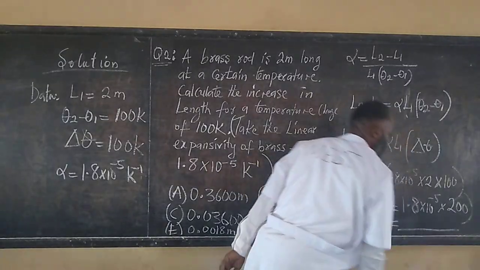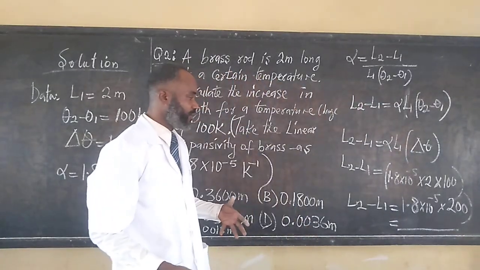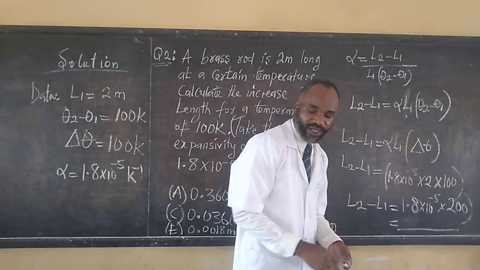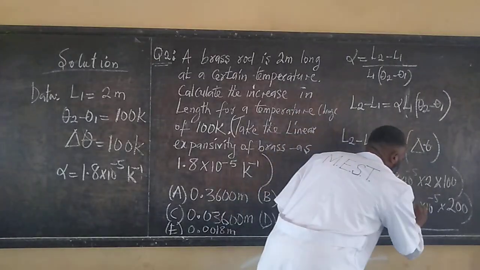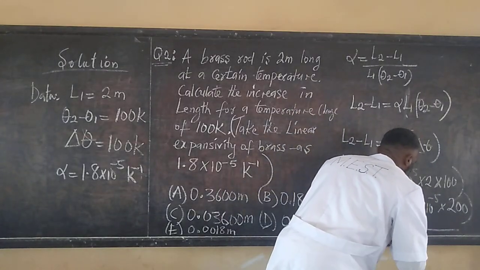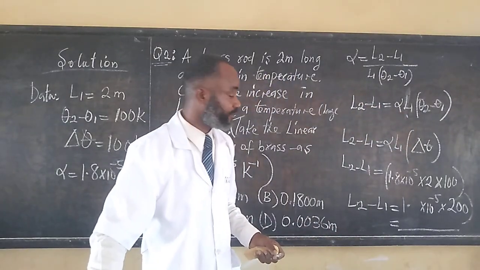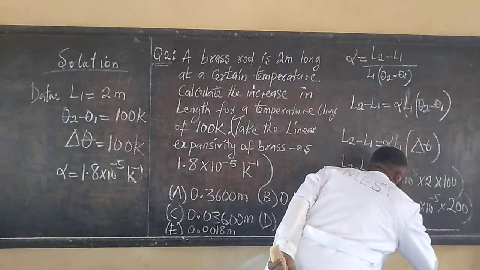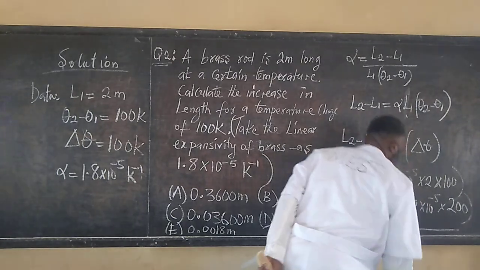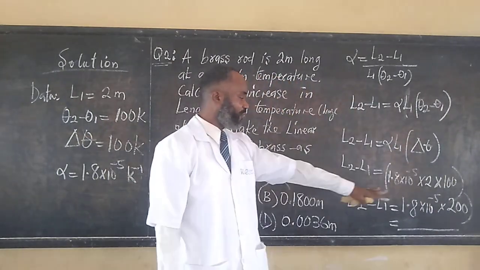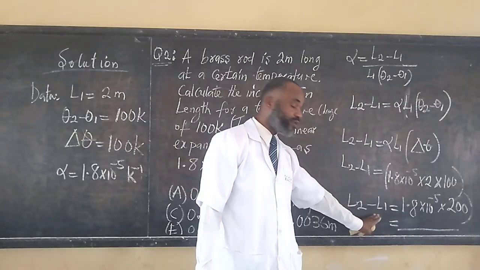At this point, use a calculator, press 1.8, times 10 to the power minus 5, times 200. Press all this and then do what you're supposed to do here.